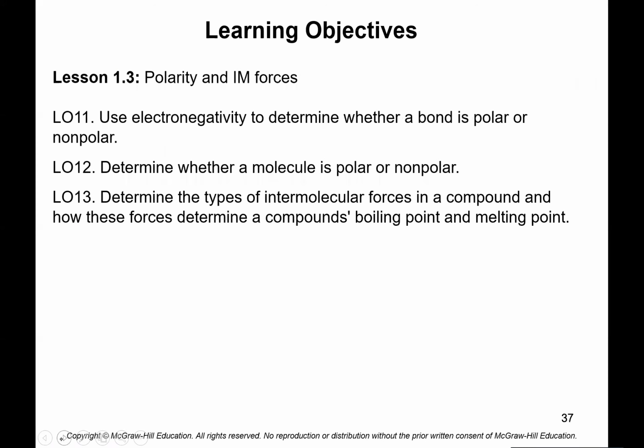So next time, now that we are equipped with being able to draw Lewis structures and identify the shape, we will then be able to talk about bond polarity. And that is going to inform us on what kind of intermolecular forces are present in your set of molecules. And that is what we will be talking about next time.